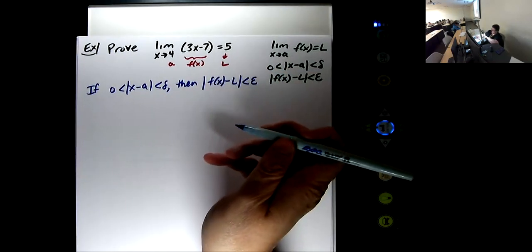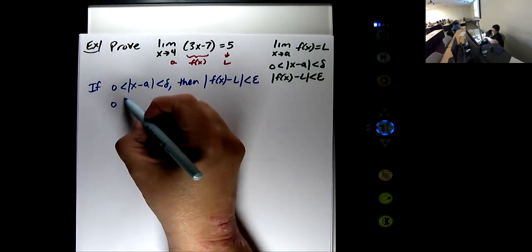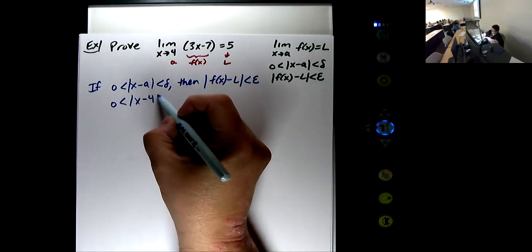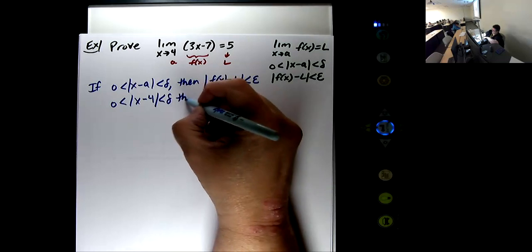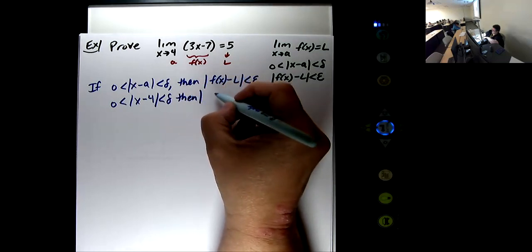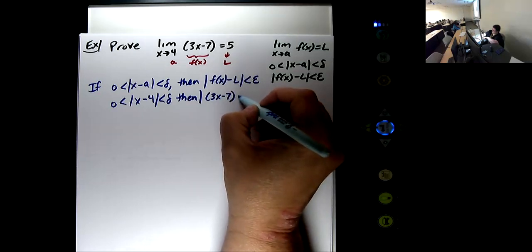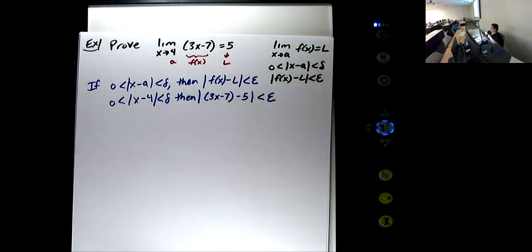Let's plug in what we know. 0 is less than the absolute value of x minus 4, is less than delta. Then the absolute value of 3x minus 7 minus 5 is less than epsilon. That's all we did so far, plug things in, right?